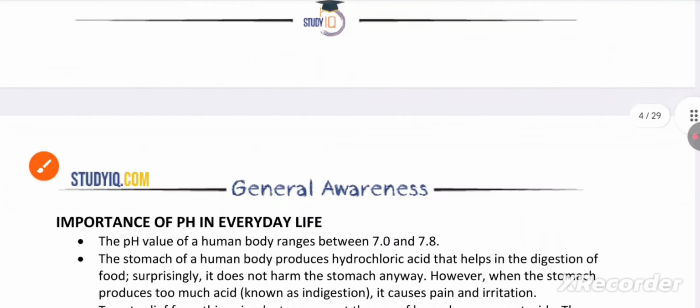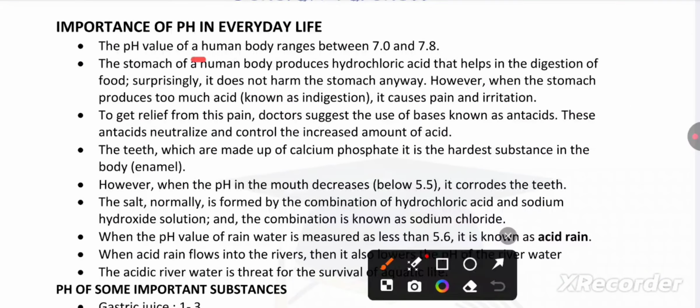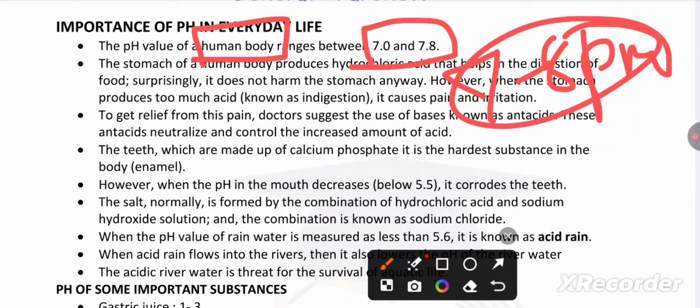Importance of pH in everyday life, very very very important. Human body pH is 7 to 8. How can we remember this? As usual, a human goes to work and comes back home at 7 to 8 p.m. Human body's pH is 7 to 8.